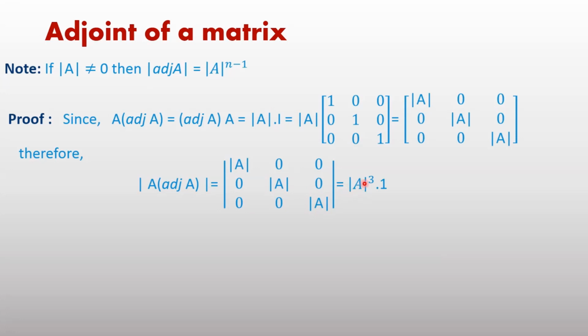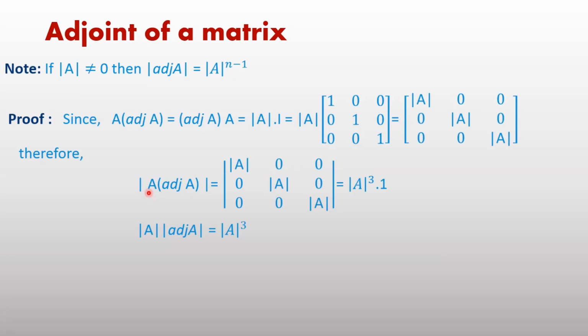This gives the determinant of A whole cube into the determinant of the identity matrix, which is 1. Or you can also expand it on the first row, so determinant of A into the product of these two minus 0. You will get the same result, the determinant of A whole cube.